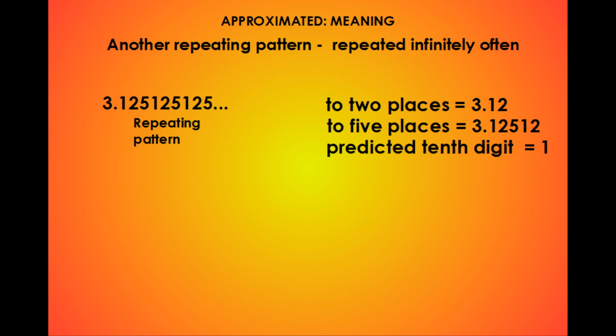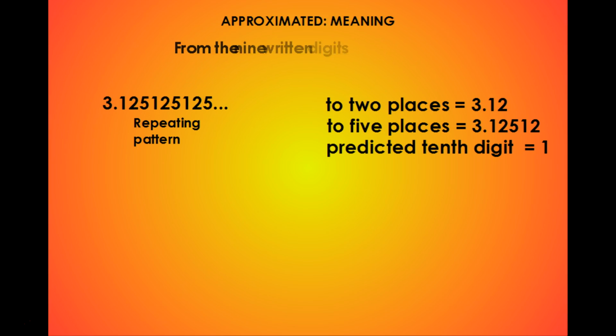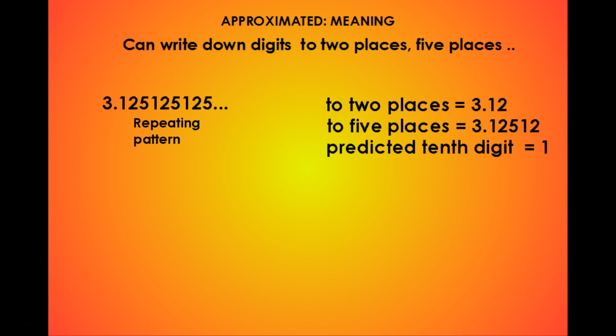There are 9 digits written down. So at the 10th digit, the pattern begins again, so it has to begin at 1. And in fact, we can predict any further digits after the 10th digit, any digit we like, by using the fact it's a repeating pattern and working out which digit it will have to be. So we can summarize this by saying that from the 9 written digits, we can write down to 2 places or 5 places and predict the 10th digit, even though we were only given 9 digits, because it's a repeating pattern.